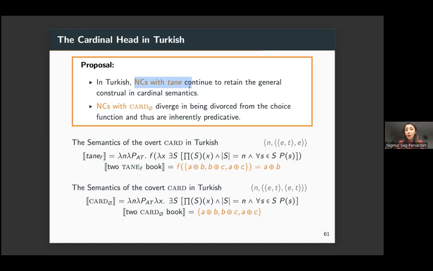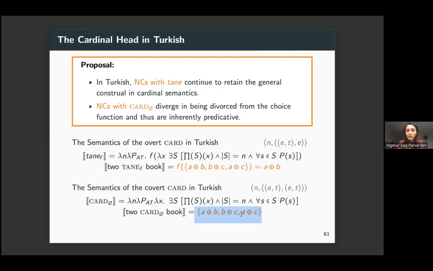So it is inherently predicative. And here would be the distinction between a numeral construction with tane, iki tane kitap, versus iki kitap. When we say iki tane kitap, at the end we have an individual type expression, and this is the case cross-linguistically. And when we say iki kitap, we would have a predicative denotation, and this is the cross-linguistically rare case that I would say, and it happens in Turkish.